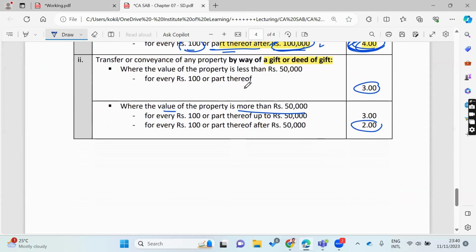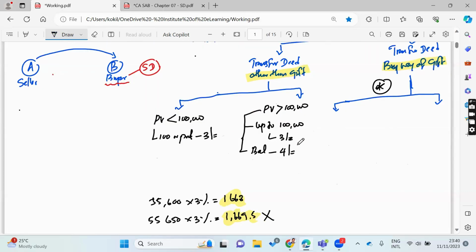In the next scenario, if your property value is less than 50,000, per 100 of part, I need to write this down, you need to remember this. The tax rate is 3.